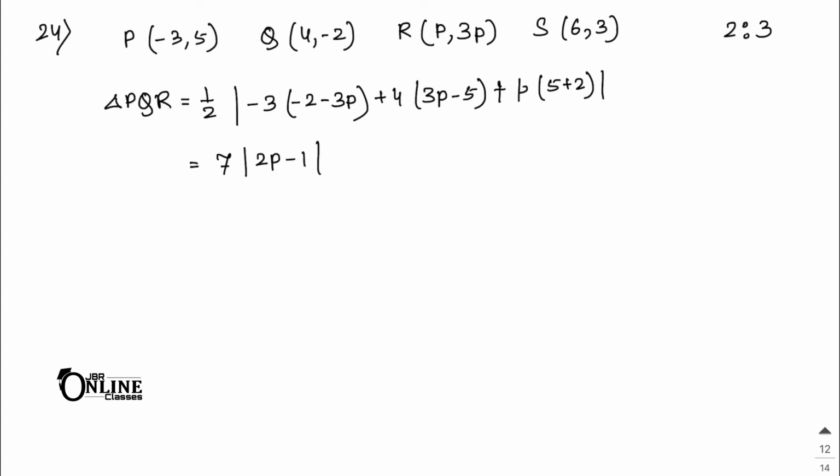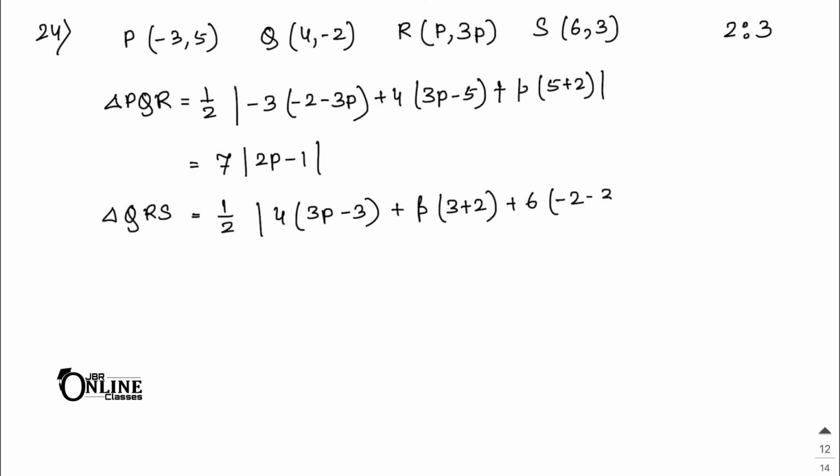Now next, area of triangle QRS equals half, then 4, then 3p minus 3, then p and 3 plus 2, and the last one 6, minus 2 minus 3p. And here the value will be half, then mod of minus p minus 24.